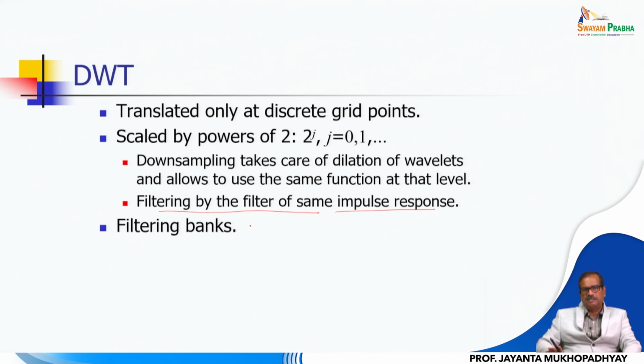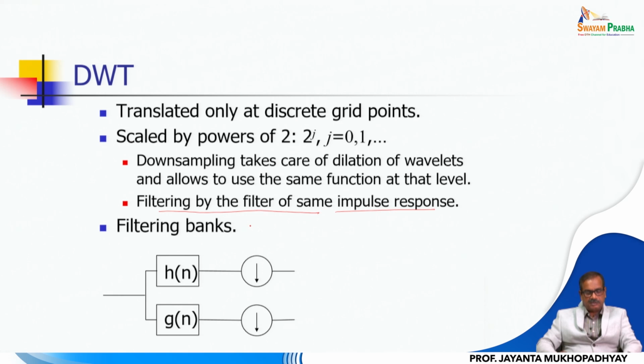Say you have a bank of filters. Minimally, we have two types of filters. One is the low pass filter, which is for getting the approximations. Another one is the high pass filter. So we are considering two filters. Hn is the impulse response of the low pass filter, and Gn is the impulse response of the high pass filter.